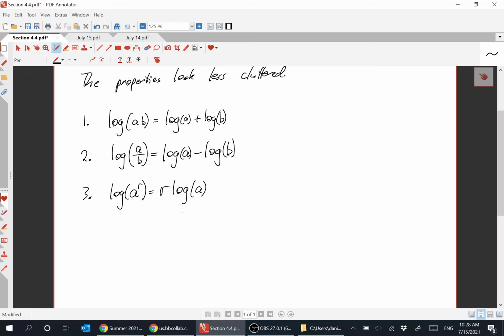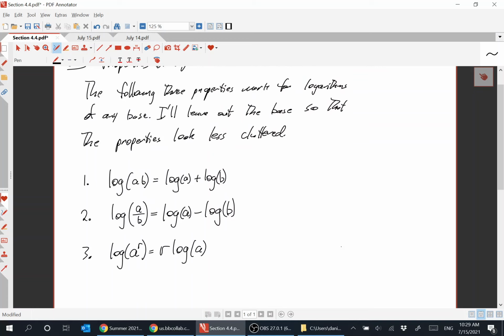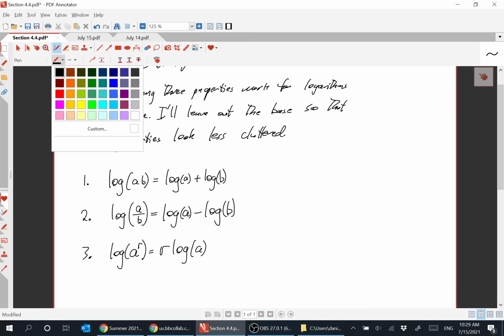So these are three algebraic properties. There's other properties that we're going to talk about later. But these are the algebraic properties that are important for using logarithms to solve equations. So the algebraic properties, there's just these. There's nothing else.